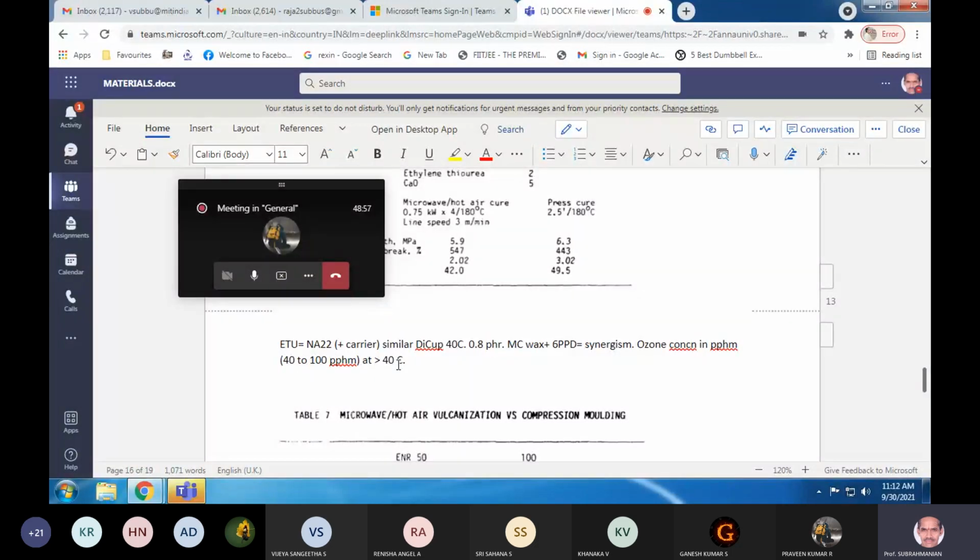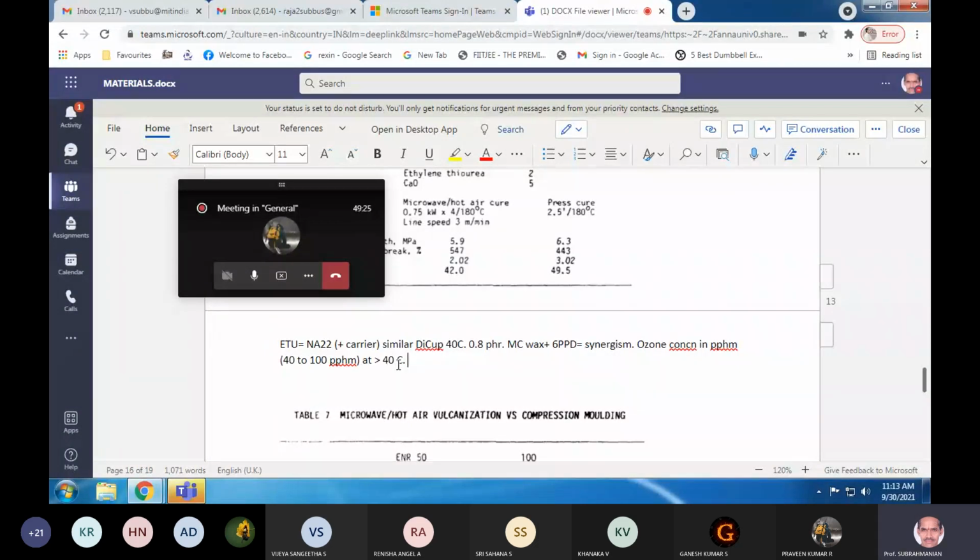Just 40 to 100. Right? Almost it is negligible or one can ignore. But when it comes to the ozone, you simply cannot ignore. That way, this MC wax 6-PPD combination works well in polychloroprene. Definitely in case of a hydrocarbon rubber like NR and SBR.